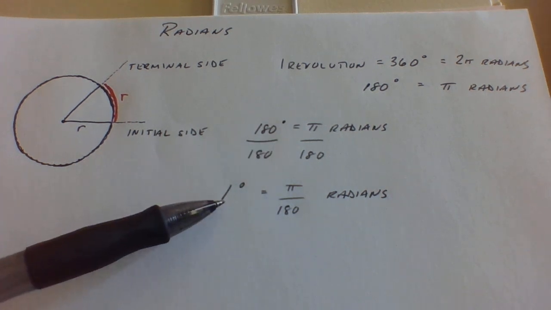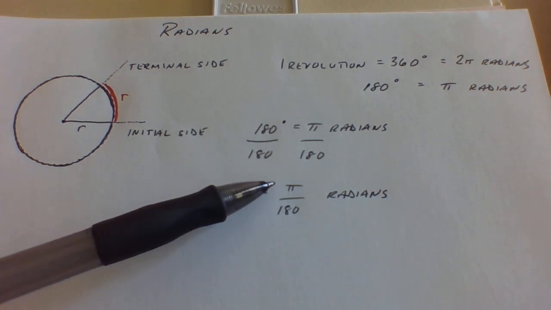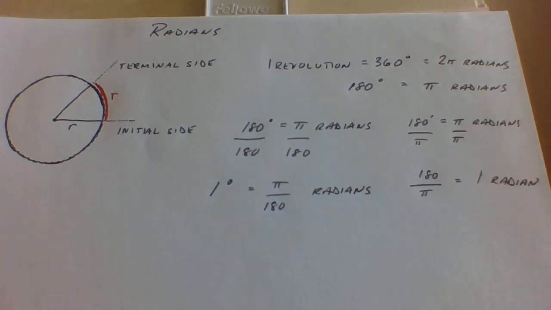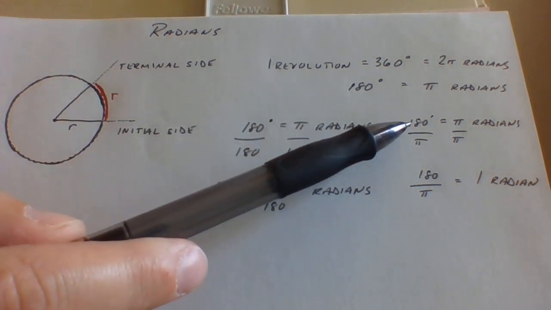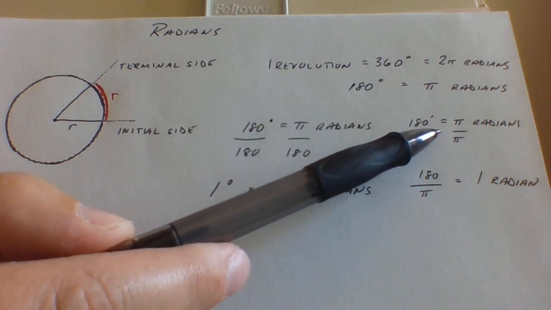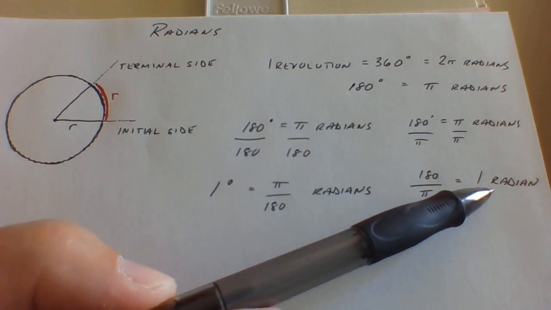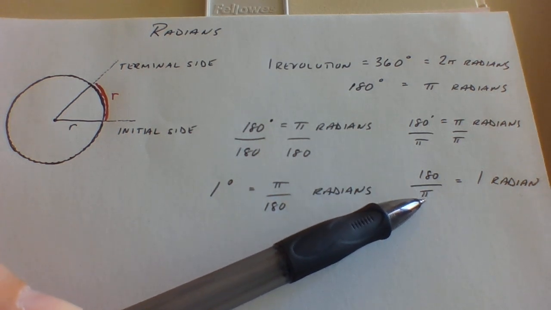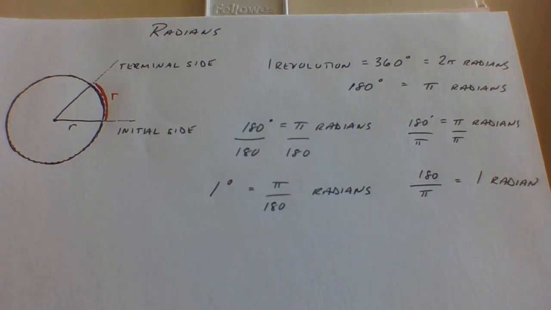And so 1 degree is going to be equivalent to pi over 180 radians. And I could do the same thing if I wanted to know the equivalent for 1 radian. I can divide both sides this time by pi, and then that's going to give me 1 radian is equivalent to 180 over pi degrees.